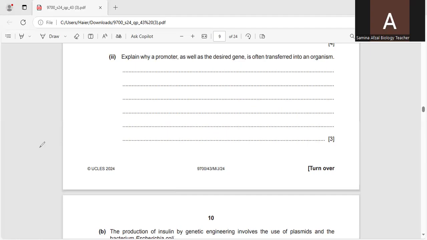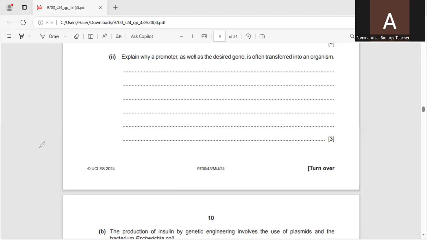It can be done because transcription initiation takes place only by the promoter, because a promoter is a specific DNA sequence that acts as a binding site for RNA polymerase, the enzyme responsible for transcription. The RNA polymerase recognizes and binds to the promoter, initiating the process of transcribing the DNA sequence into messenger RNA.